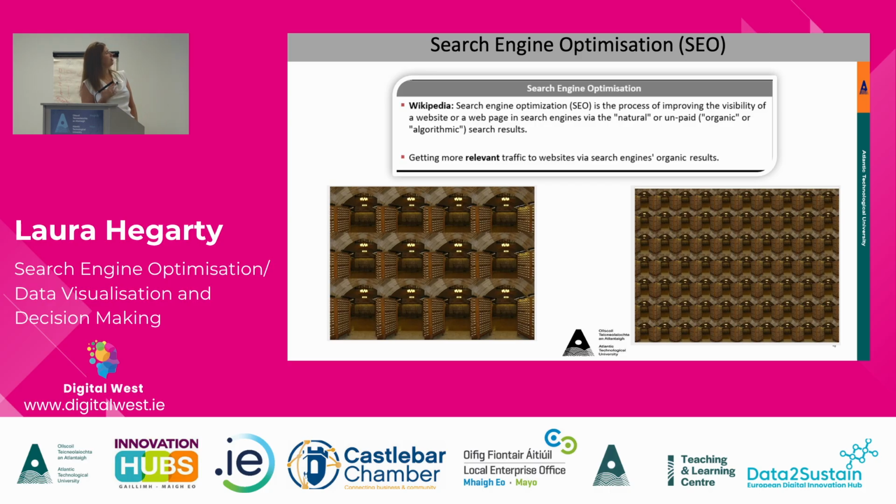Looking at Wikipedia, it's the process of improving the visibility of a website or a web page in search engines via a natural way of finding your business rather than a paid version, which is what we use Google Ads for. For example, you're paid to give that visibility. We're talking organic, unpaid. How do users or customers find your business?